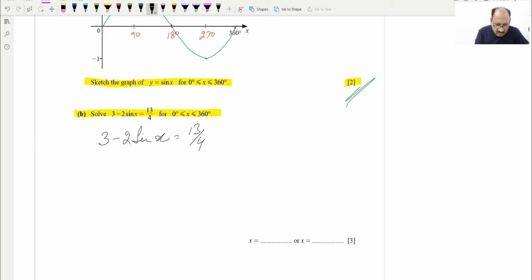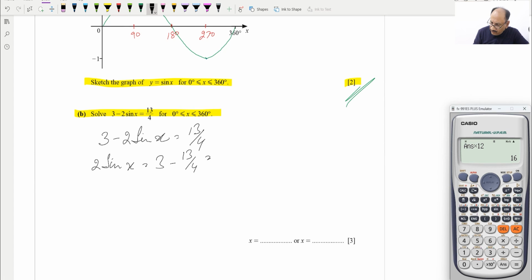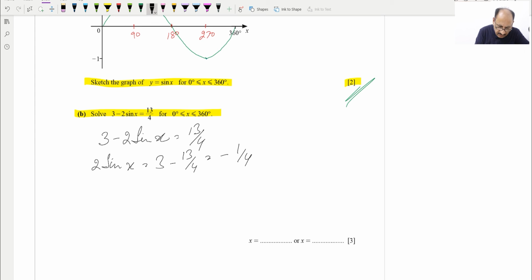Now we can make sine x the subject, so 2 sine x will be equal to 3 minus 13 by 4, and 3 minus 13 over 4 will be minus 1 by 4. Sine x will be equal to, we are sending 2 to the other side and it goes as denominator, so it will be minus 1 over 8.